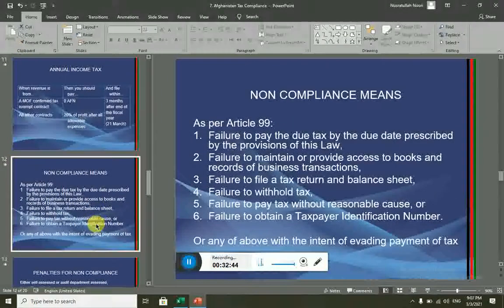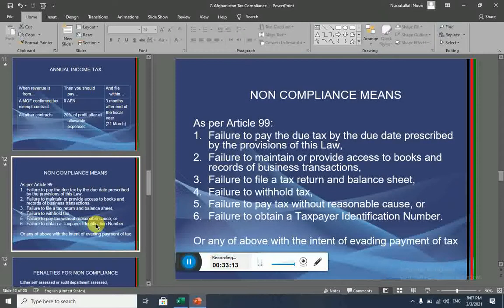Now, what does non-compliance mean? First of all, let's talk about what compliance means. Compliance means that you are reporting your rent expense, salary expense, and other expenses on a monthly basis, along with withholding from the relevant parties and reporting to the Ministry of Finance, also paying the taxes on people's behalf.